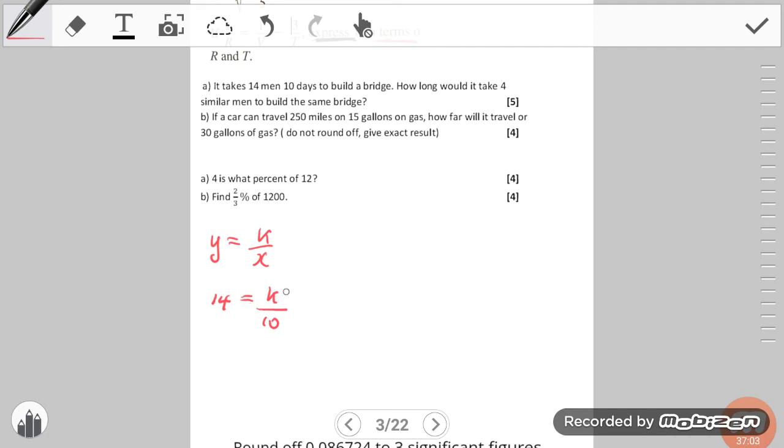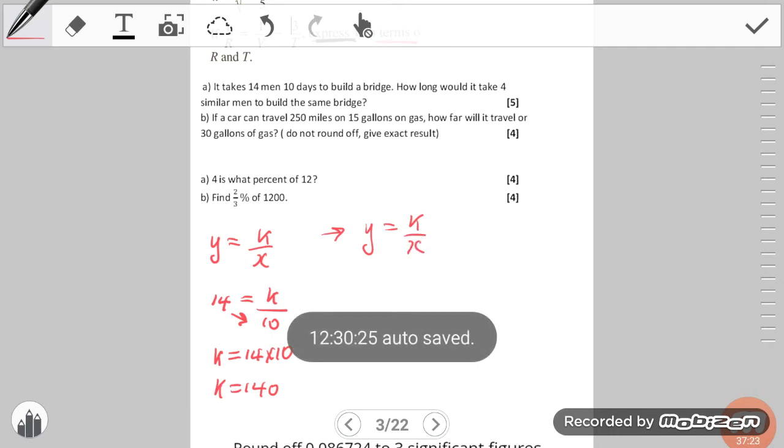So the first thing that we need to do is find the constant of variation, which in this case is that k is going to be equal to 14 multiplied by 10. And k is going to be equal to 140. So now going back to the formula again, y is equal to k over x. This time you're trying to find out how long.